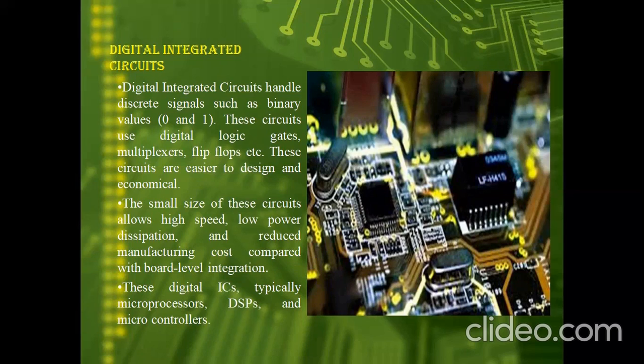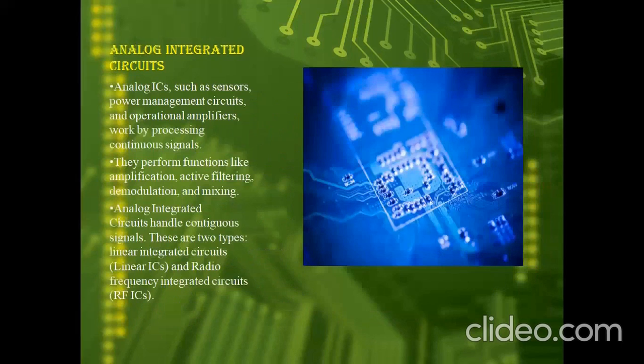As the device is small, the cost will also be less compared with board level integration. Some examples of digital integrated circuits are microprocessors, digital signal processors, and microcontrollers. These are very important components in electronics.